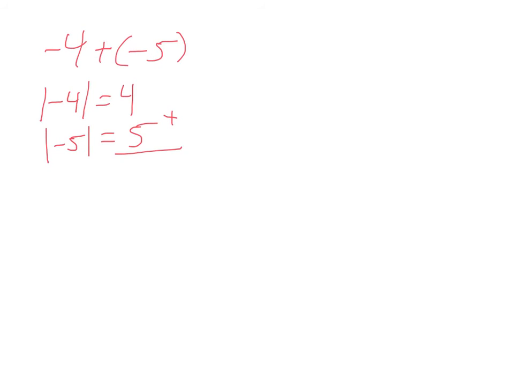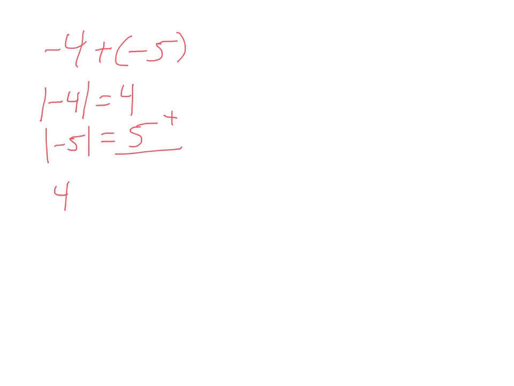-4 plus -5. Well, what if I do this? The absolute value of -4 is 4. The absolute value of -5 is 5. I'm going to take the absolute values and I'm going to add them together in this case.